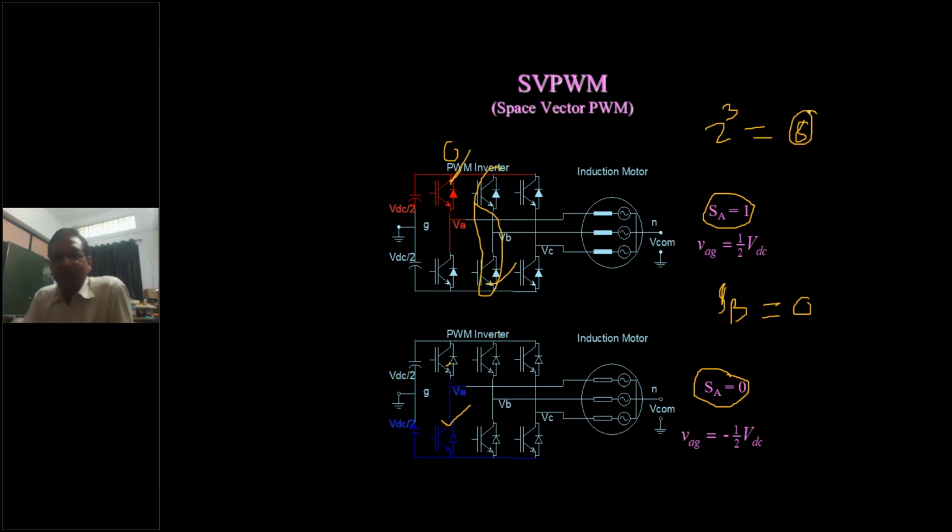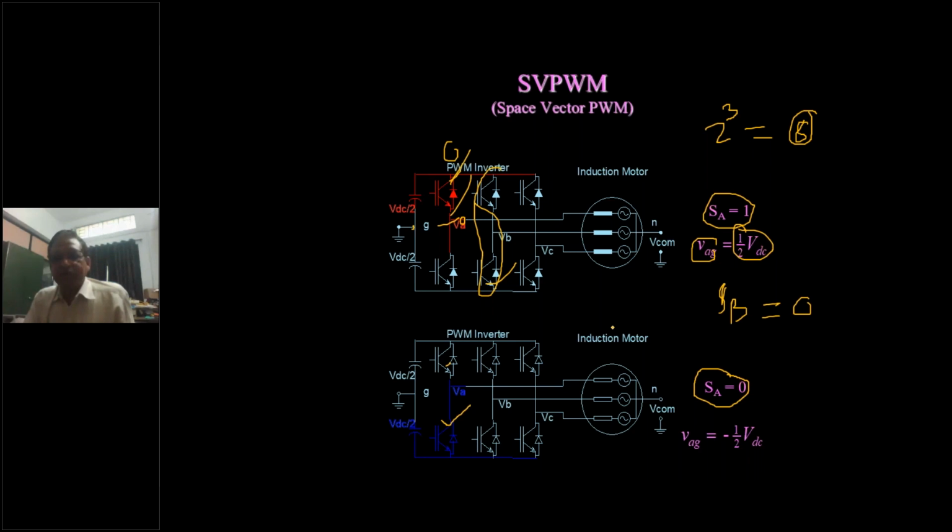Now the output voltage is given by VAZ. When the upper switch is on, we get the positive half voltage between these two points, the zero point and this point.